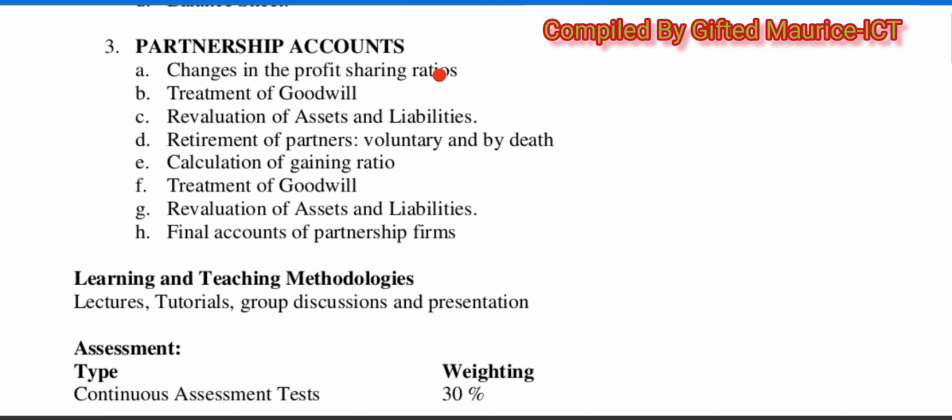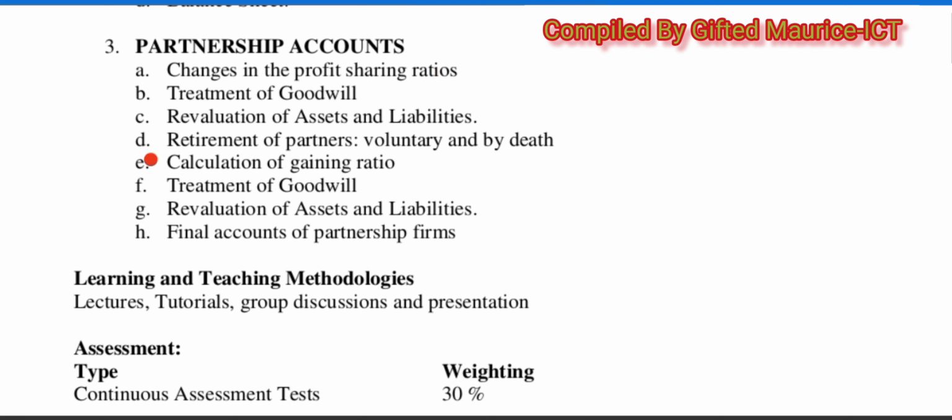The same way, the profit sharing ratio will change if an existing partner retires. He can retire voluntarily or by way of death. So when an old partner retires, even the profit sharing ratios will change. And in this case, it will change by increasing the ratio of the remaining partners.